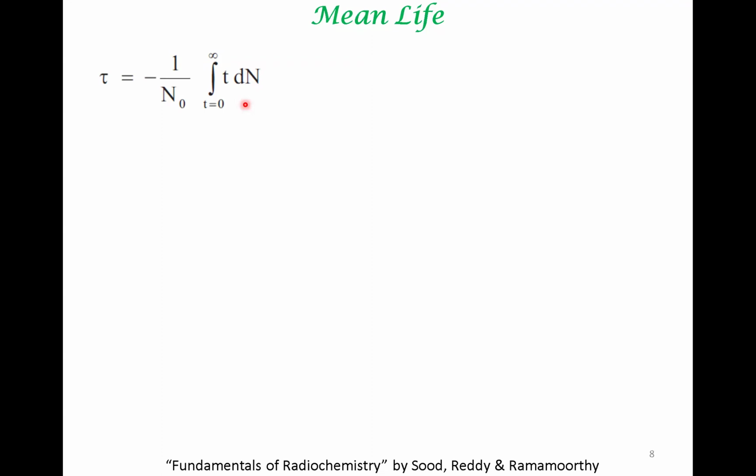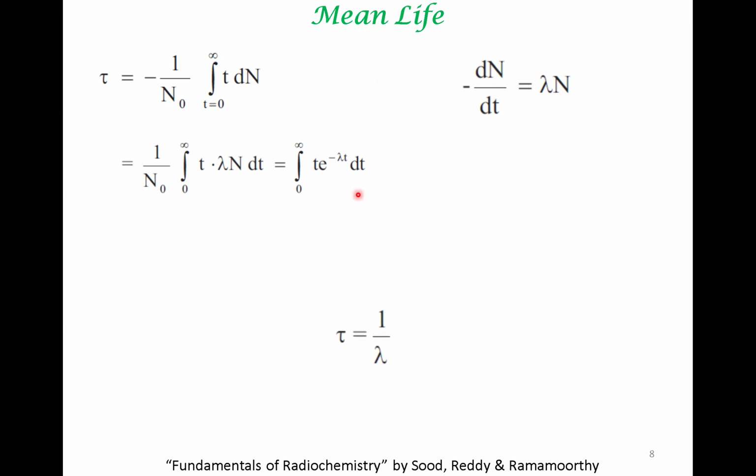So how do you go about doing this? We know the rate law obeyed by these systems, and that rate law is given by this mathematical form. Using this form, you substitute for dn into this. Once you substitute, with simple manipulation and integration, we can get this particular form.